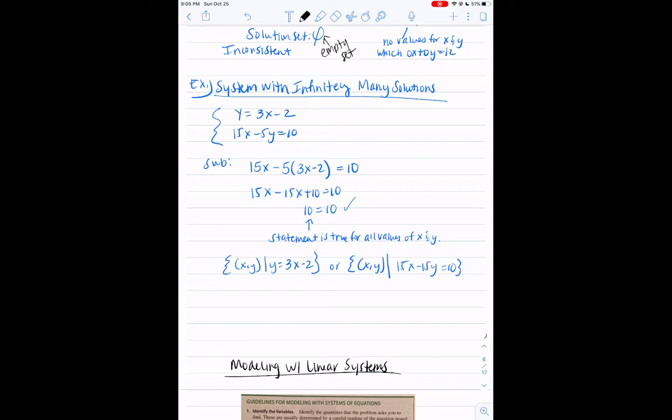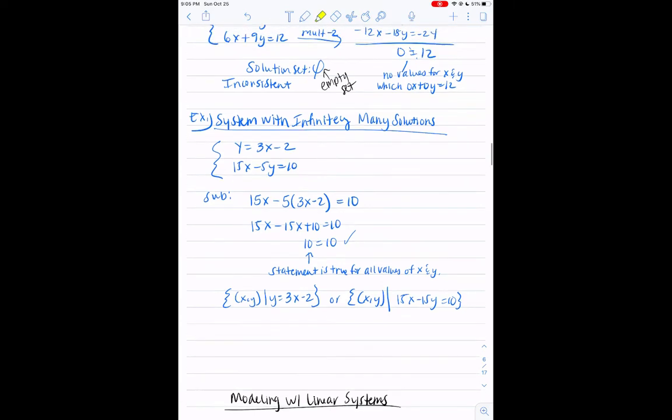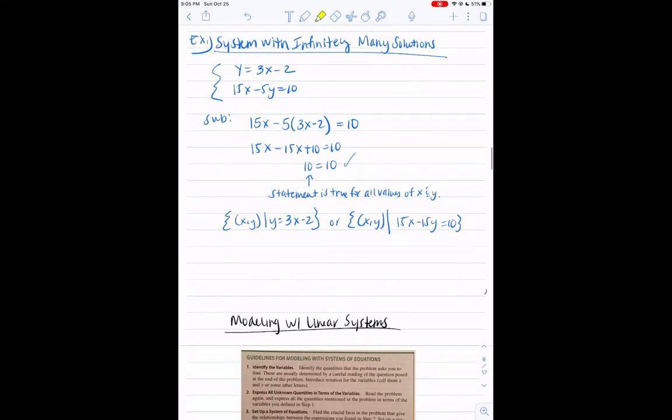So we write this solution as x and y such that y equals 3x minus 2, which is our equation that we have here. So we could choose basically any x and any y such that this is true.